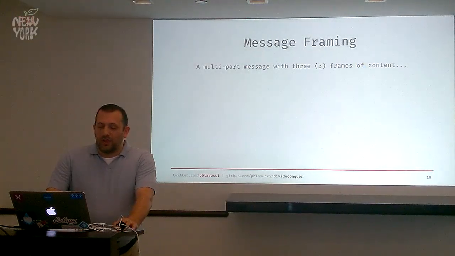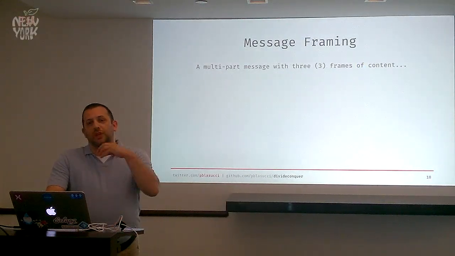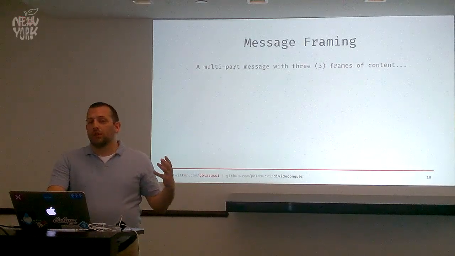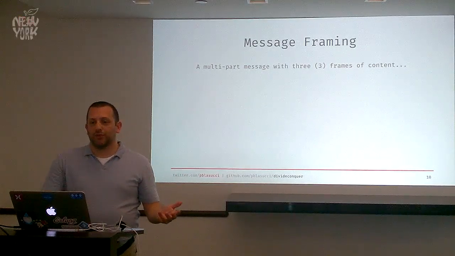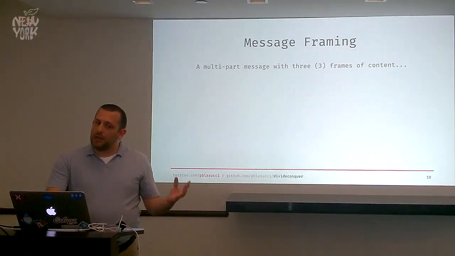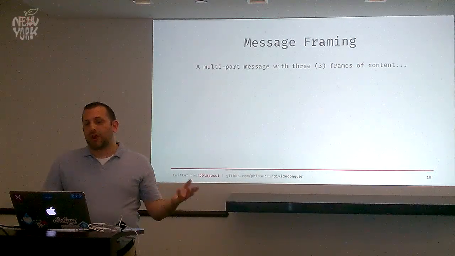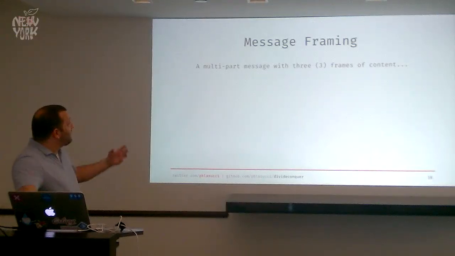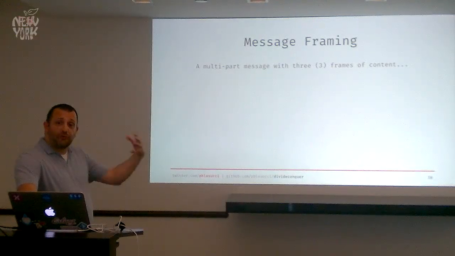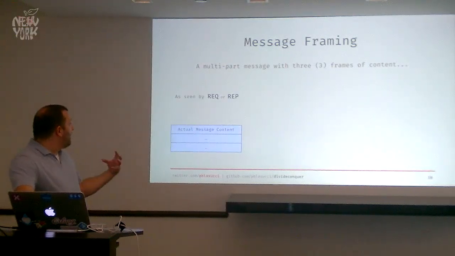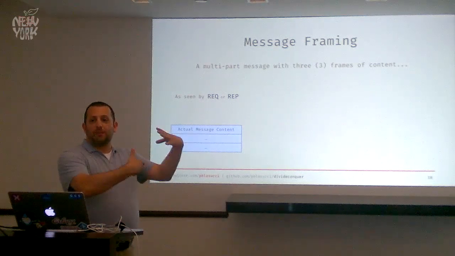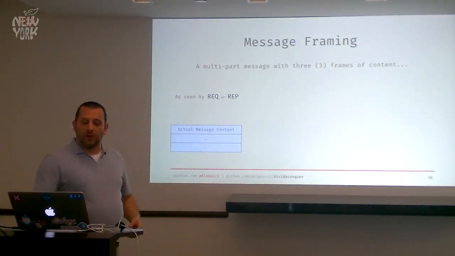And so what's interesting is this is where socket roles come back into effect. The same message will look a little bit different to different socket roles. For pub and sub, not so much, but for rep, router, dealer, yes. And this is worth appreciating. If we have a simple message that is three frames of content, so however we've chosen to break it up, we have three distinct binary blobs that each represent part of our content.